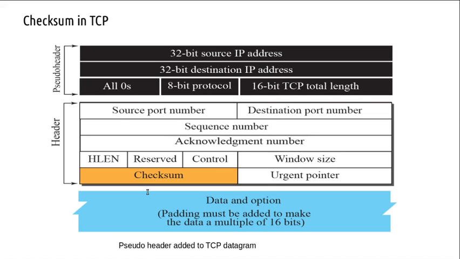In that case, the client application layer program will push this block of data to its transport layer, and it will indicate that this has to be pushed immediately. This is a high priority thing.